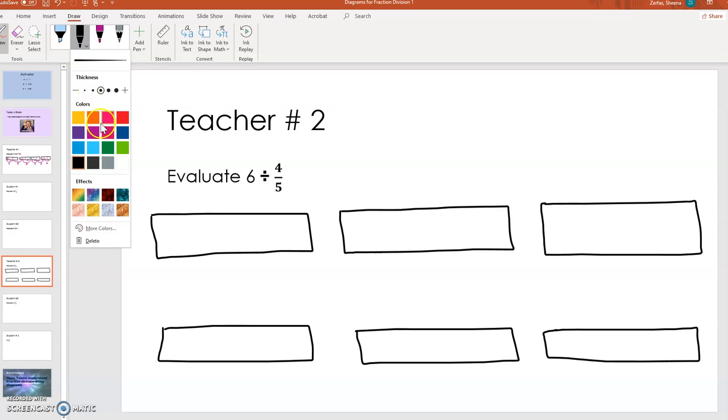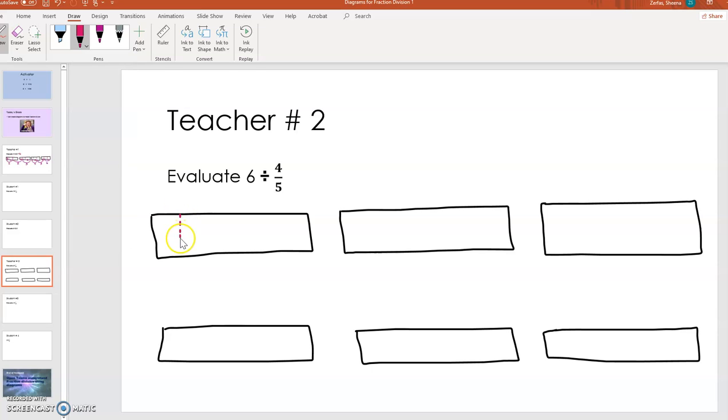So let's break up those boxes into fifths. Don't worry if it's not perfectly the same size, just approximating that those are fifths. So each of these now represents 1/5, and I need to go through and repeat this process for each of these.